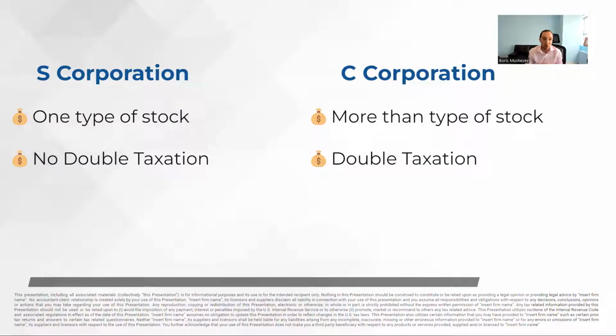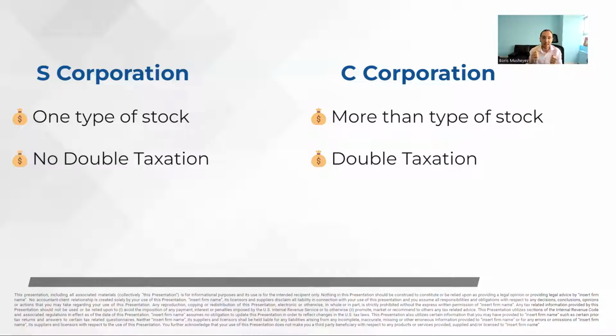Now, also, S corporation doesn't have double taxation because S corporation reports all of its income and profits on a K1, and that K1 gets passed through to an individual owner. That owner is considered a shareholder. Then that shareholder reports that income on his personal tax return. So there is no taxation at the business level, at the S corporation level. The C corporation, on the other hand, has a taxation on the business level.